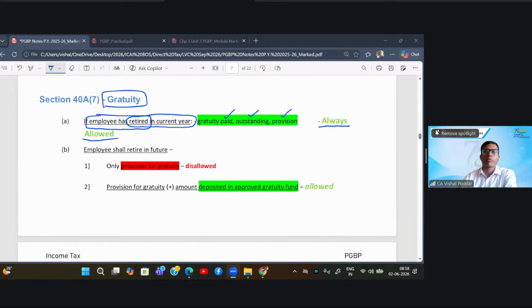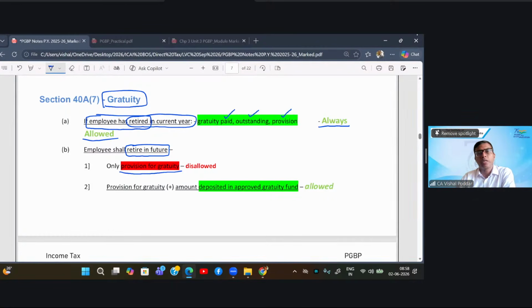Now, second possibility, which is the main issue: the employee will be retiring in future. Means what? Today the employee has joined, but as per the Payment of Gratuity Act and read with your accounting standards, you have to create a provision for paying him gratuity in future.